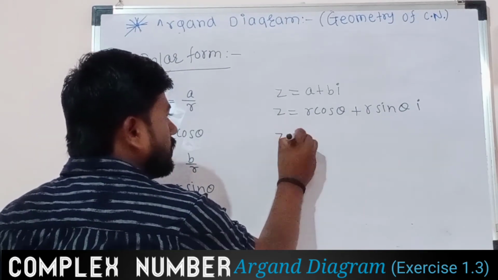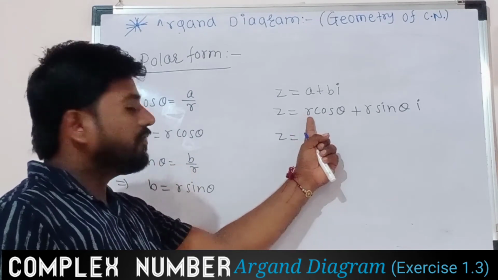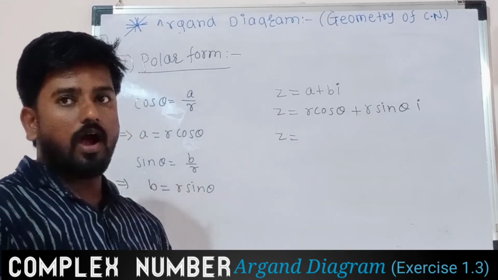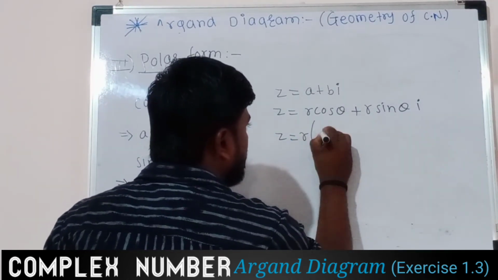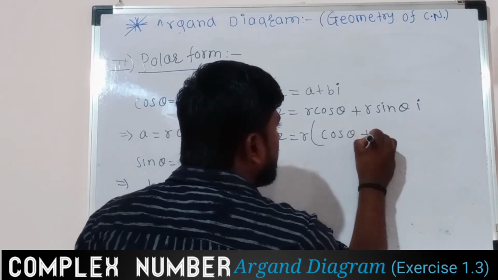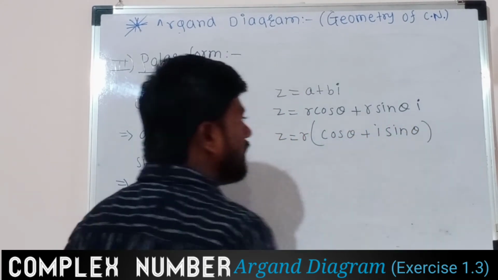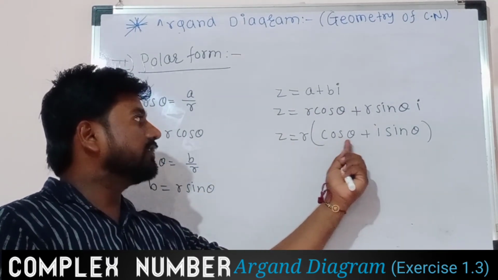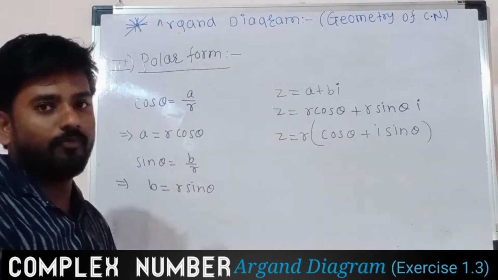Students, so in the first term there is r, and in the second term there is also r. So take it outside, that is common. So r in bracket cos theta plus i sin theta, right? So z equals r in bracket cos theta plus i sin theta, and this is nothing but the polar form, right?